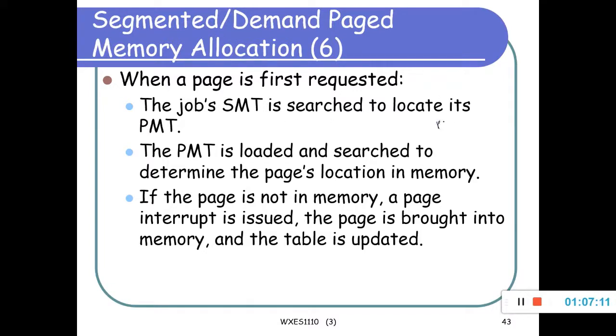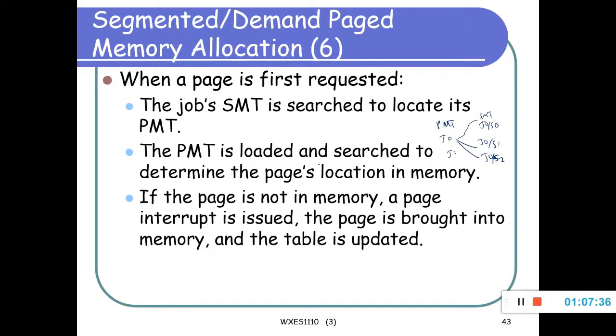So remember, you have a segment map table: job 0 segment 0, job 0 segment 1, job 0 segment 2, and so on.